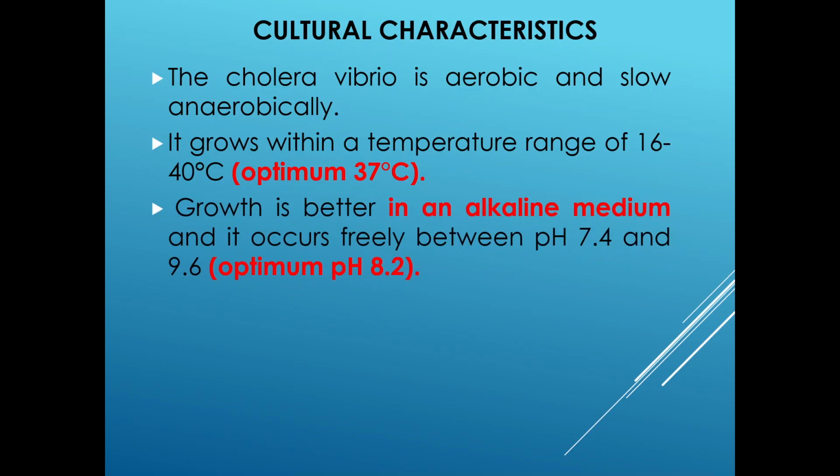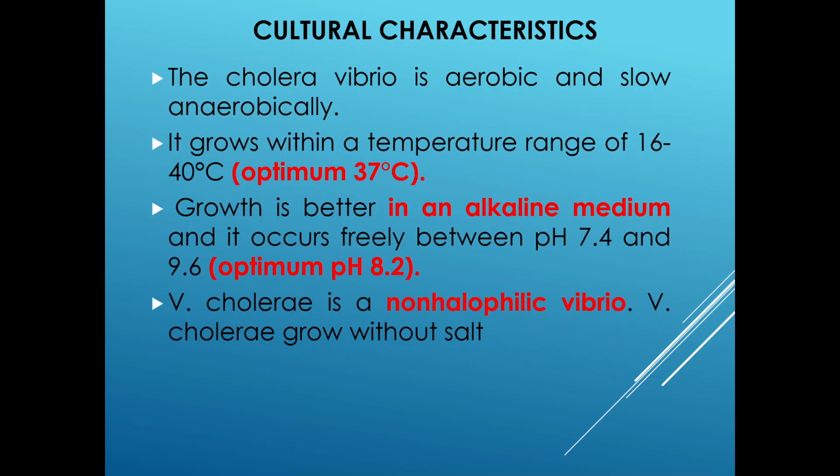Growth is better in an alkaline medium, which is very important, and it occurs freely between pH 7.4 and 9.6. The optimum pH for cultivation of Vibrio cholerae is 8.2. Vibrio cholerae is a non-halophilic Vibrio; it grows without salt. Most other Vibrios are halophilic.